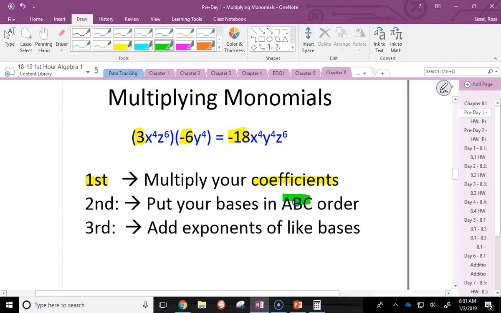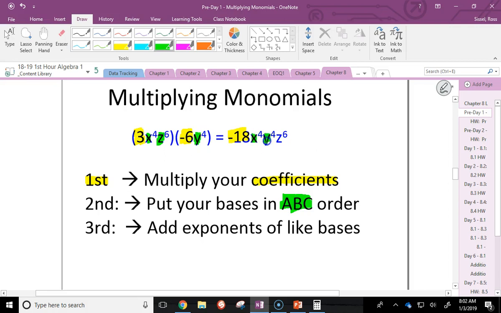Second, put your bases in ABC order. Because of the commutative property, we can mix them around, but it's best when we put them in alphabetical order, because here we have X, Z, and Y, but when we get them in our answer, we want to put them in order.